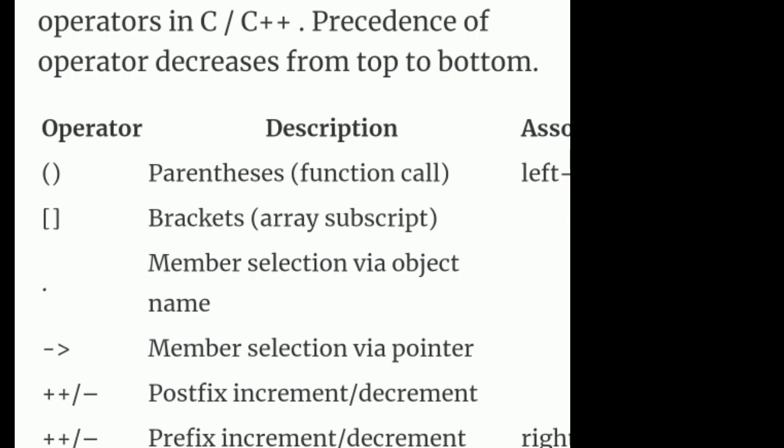Arithmetic operators are the operators used to perform arithmetic or mathematical operations on operands. Example: plus, minus, star, modulo, division, plus plus, minus minus. Arithmetic operators are of two types: unary and binary. Logical operators are used to combine two or more conditions. Bitwise operators we can perform only on bitwise operations.